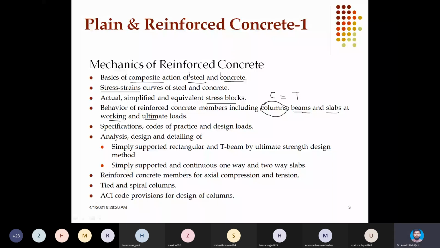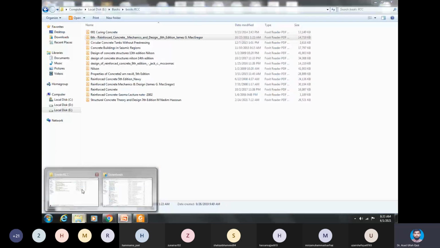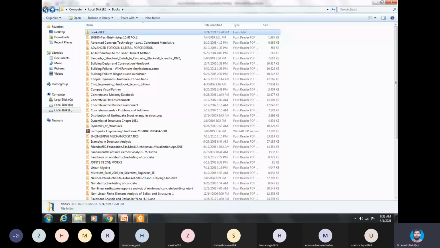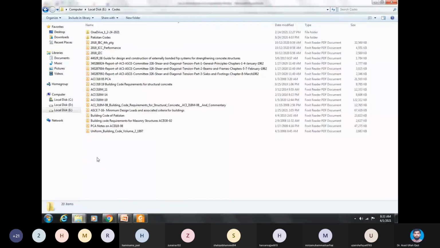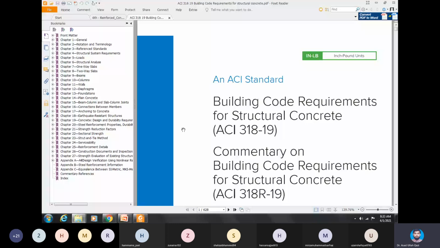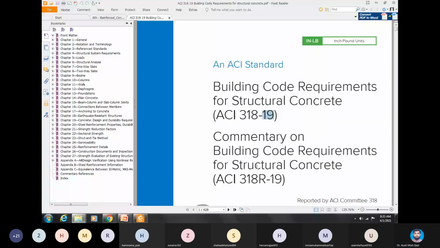Specifications, codes of practice and design loads we will discuss with reference to code and specifications, ASTM specifications we will follow, and regarding code I will also share with you latest code published in 2019, Building Code Requirements for Structural Concrete, ACI 318 committee, and published in 2019, and its commentary as well is present in the same document. So that we are going to follow.